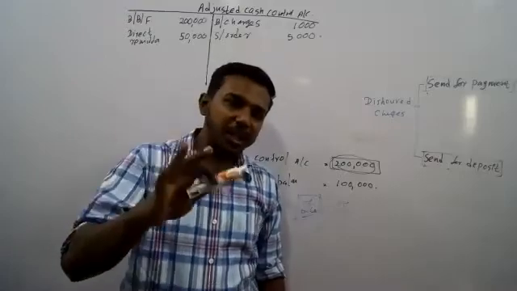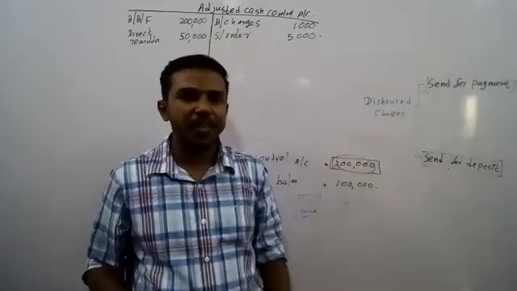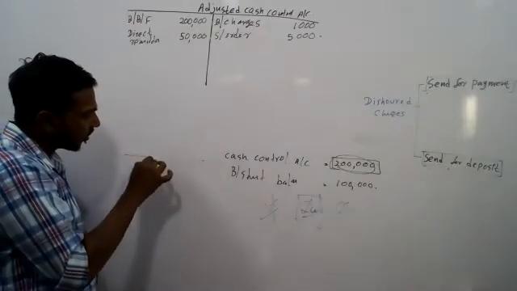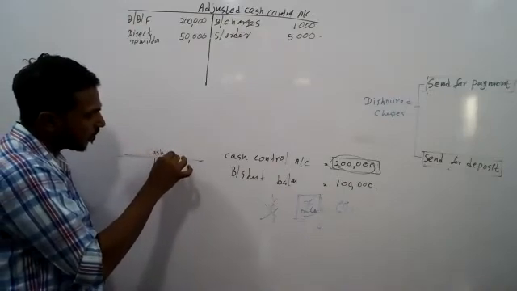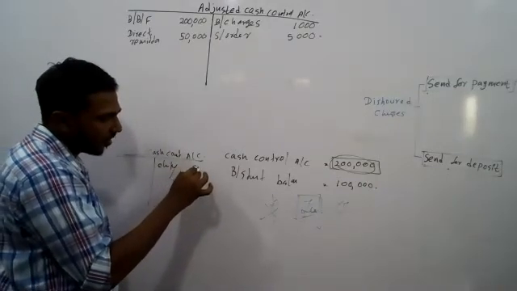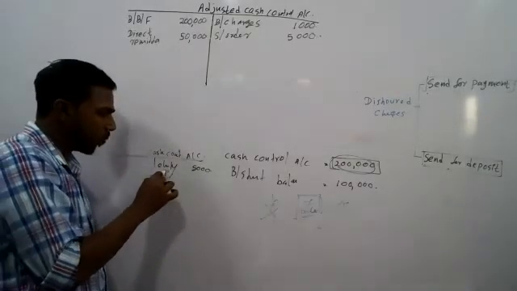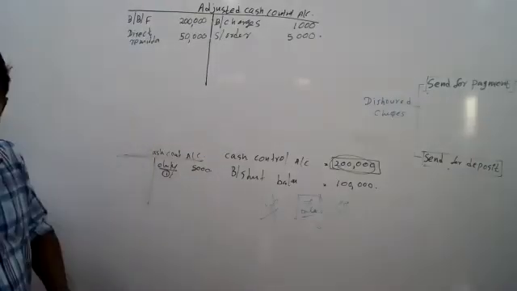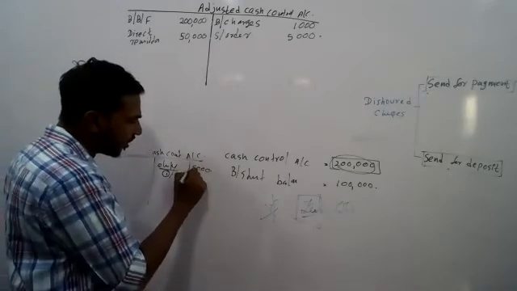Say there is a check you sent for payment, for electricity, 5,000. Once you send it for payment, the cash control account is credited, because cash decreases. So the cash control account is credited 5,000.